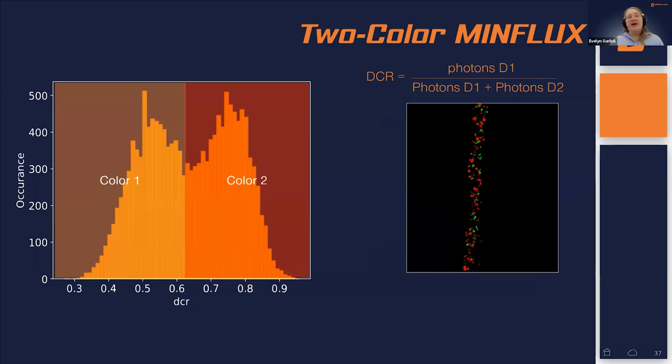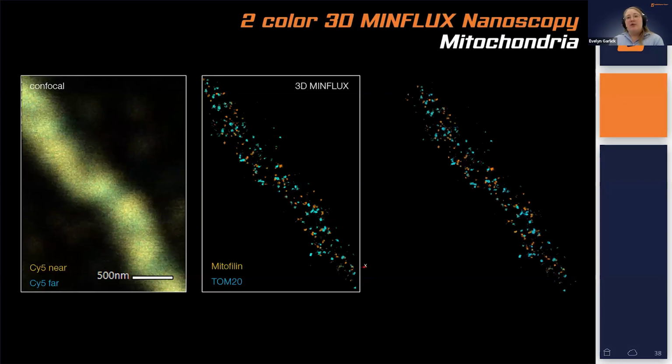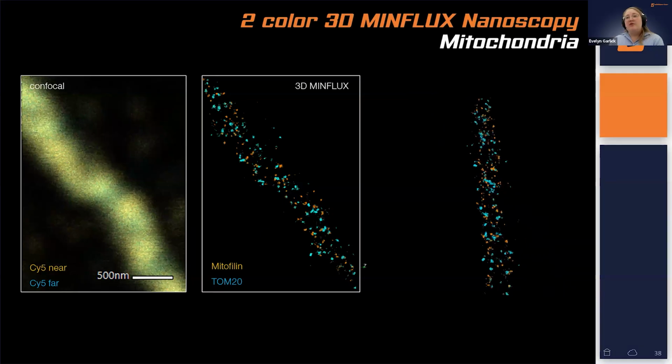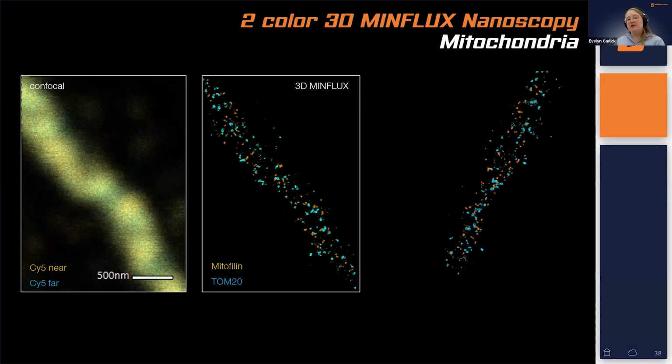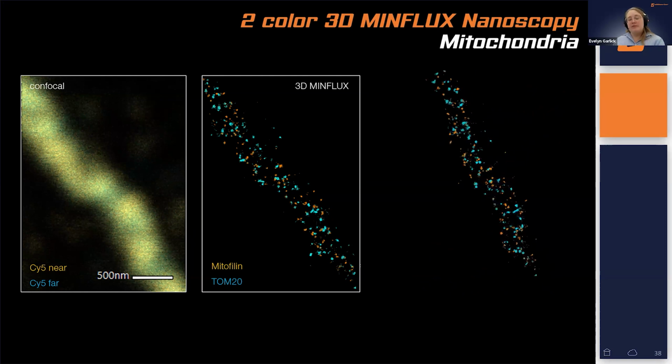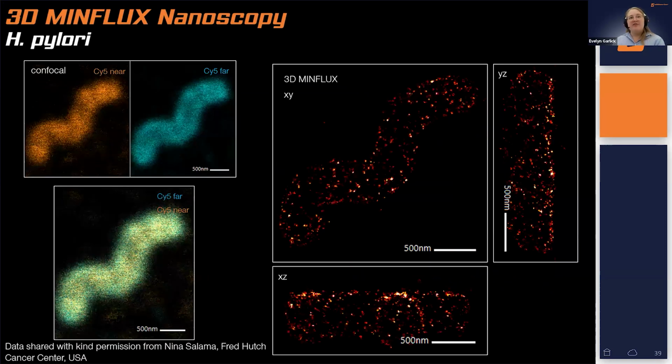An example here, again, of a mitochondrial protein. This is TOM20 and mitofilin. And another one here where we see in 3D those very clearly defined two populations. Another favorite of mine is this H. pylori bacterium.